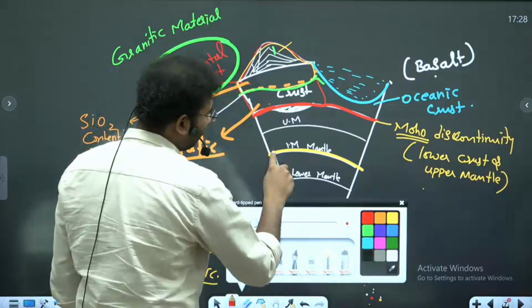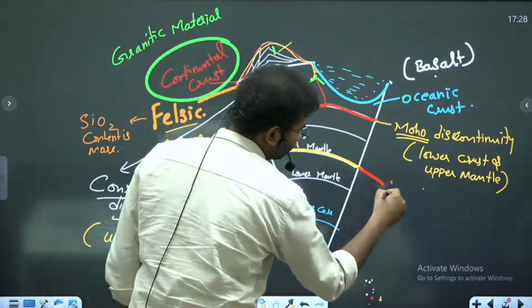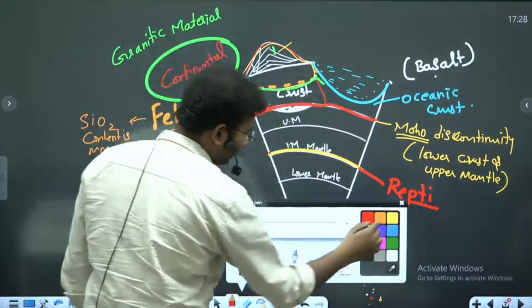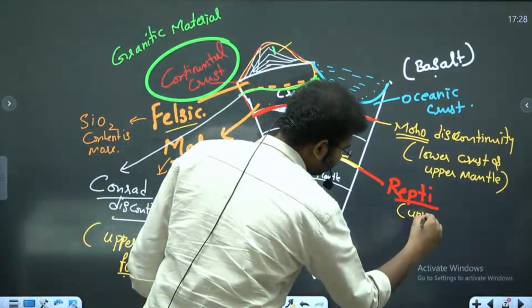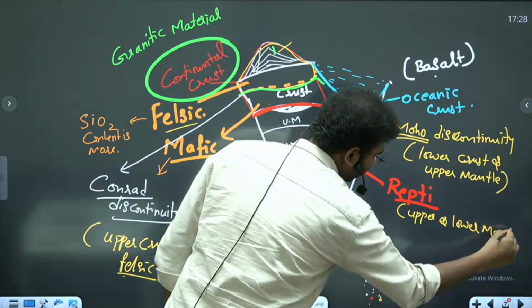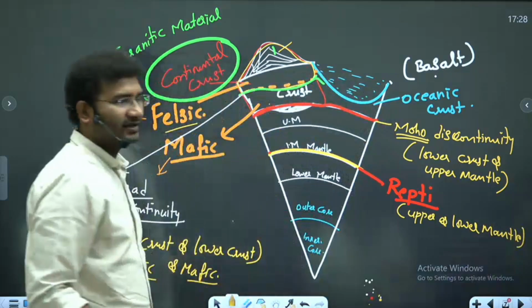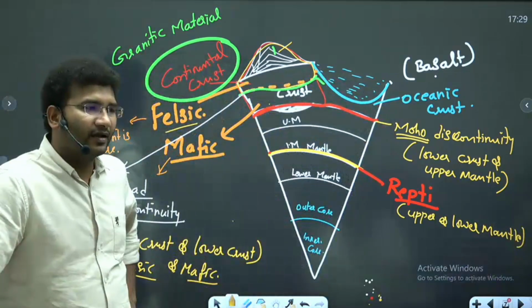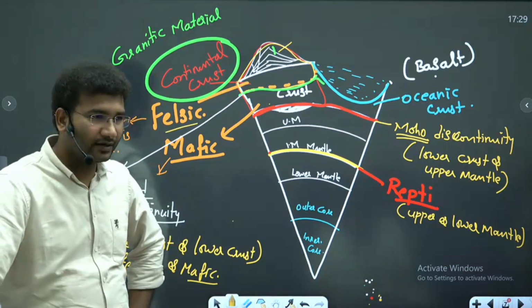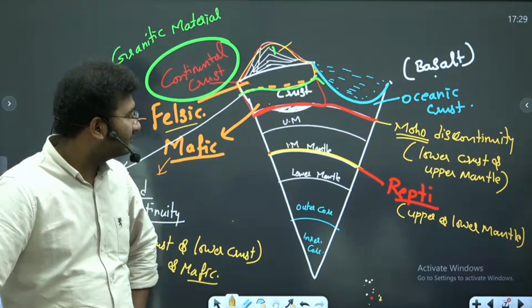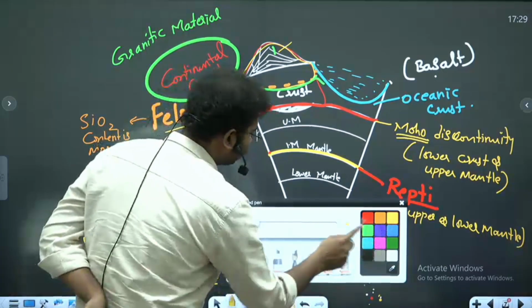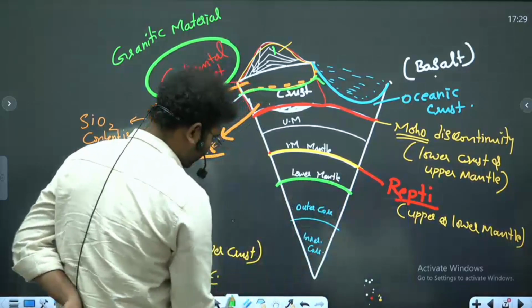But see, this discontinuity, that is REPTI, is a discontinuity which is found between, and he calls the intermediate mantle as an area where the REPTI discontinuity is present. Right? Next discontinuity is Gutenberg.